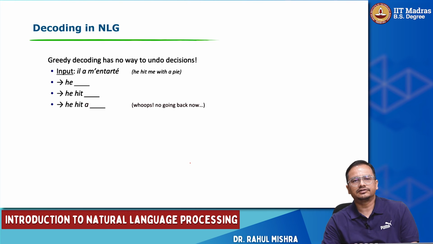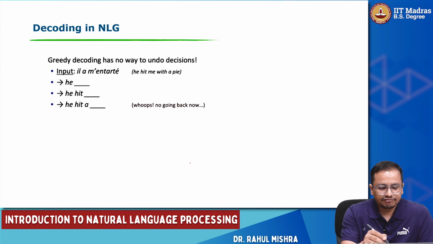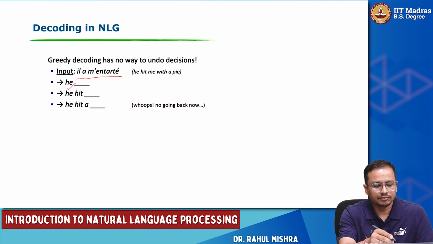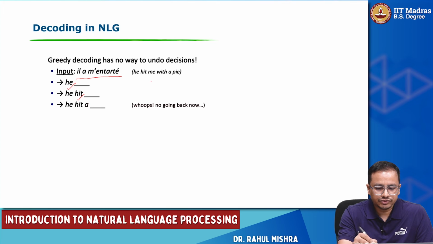There is a problem with this. Take the same example we had already seen, he hit me with a pie. The model generated he with greedy decoding, since he had maximum probability at the first time step. Then the model generated hit, which had maximum probability, and then the model had to generate me.